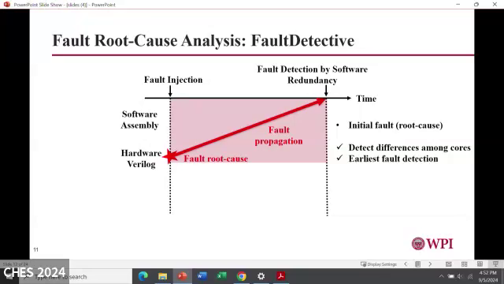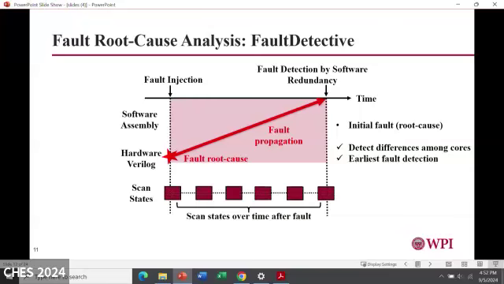And how do we keep track of this period of time? We use the scan chain. By using the scan chain, we're able to document all the register bits, right before or right after the fault is injected until the fault is detected by the earliest reaction.